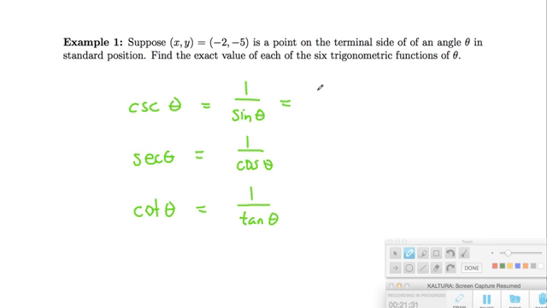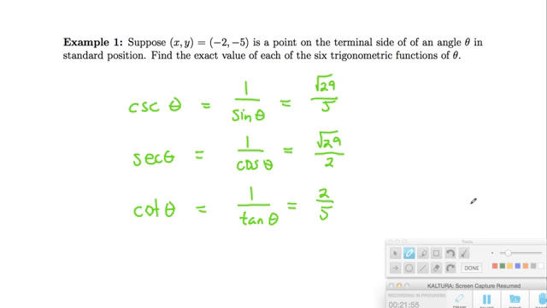So the cosecant would be square root of 29 over 5. The secant would be square root of 29 over 2. And remember that the tangent was 5 over 2, so the cotangent, the reciprocal of that, would be 2 over 5. So those are the values for cosecant, secant, and cotangent.